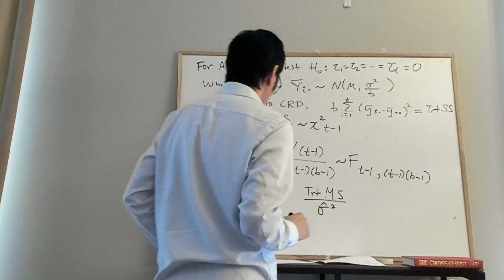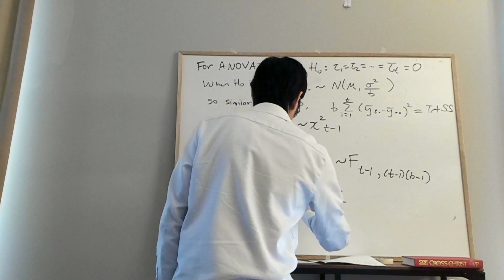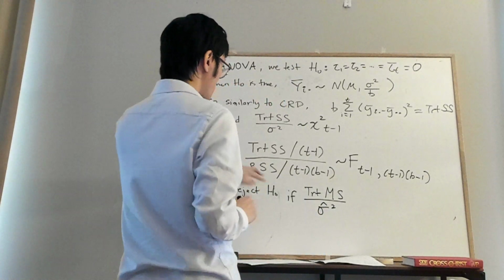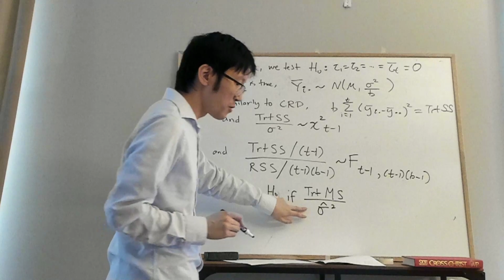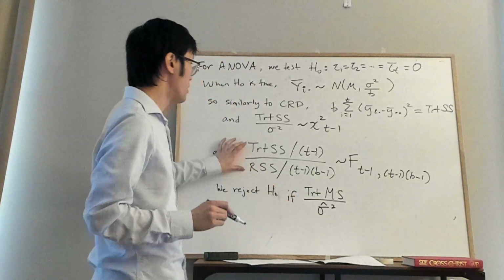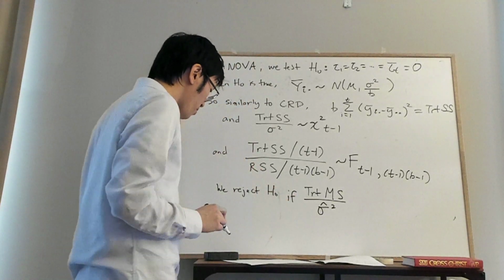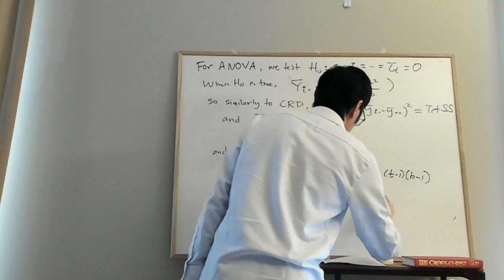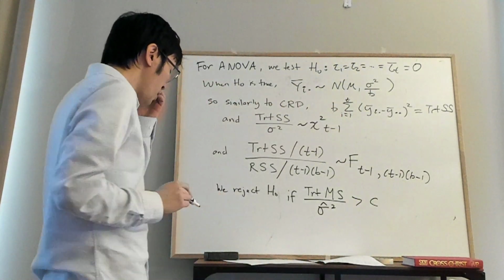Okay, so we reject if this ratio, the treatment mean square over sigma squared hat, which is just another way of writing this ratio, is large, bigger than some constant c.